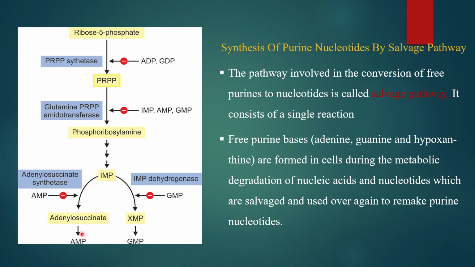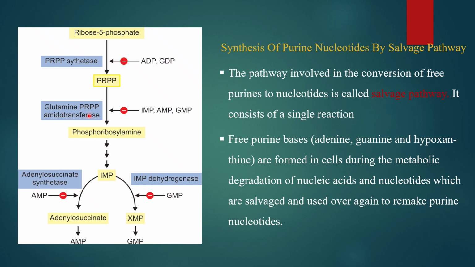So if there is a sufficient amount of AMP or GMP, through the negative feedback inhibition pathway they inhibit these enzymes. That indicates there should not be any more synthesis because AMP and GMP are in sufficient amount. So it suppresses the synthesis or expression of these proteins. So these are the three important regulatory enzymes.